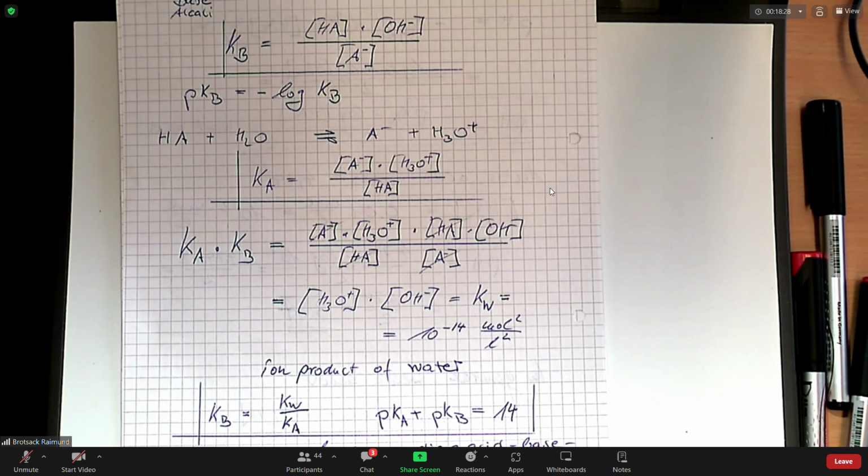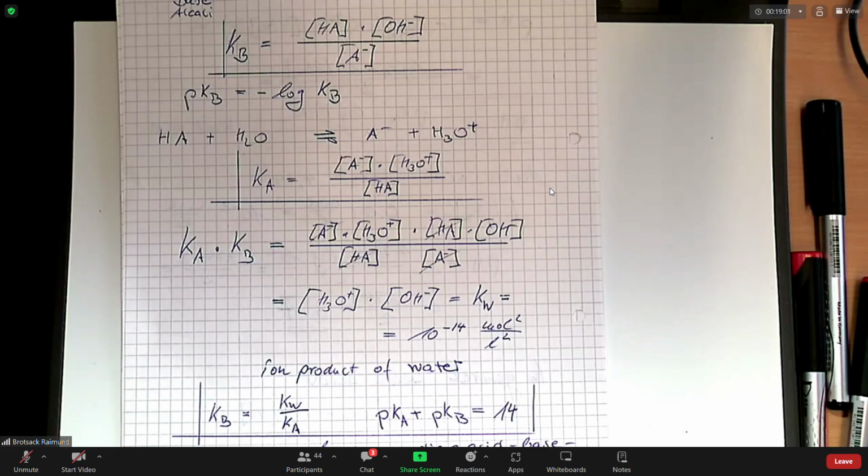For example, we have acetic acid and we add an alkali, sodium hydroxide. What is created? We have acetic acid and sodium hydroxide. Can you imagine what will be created?